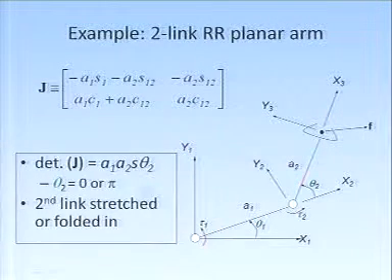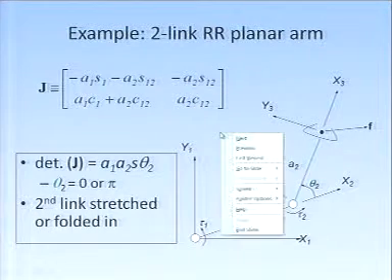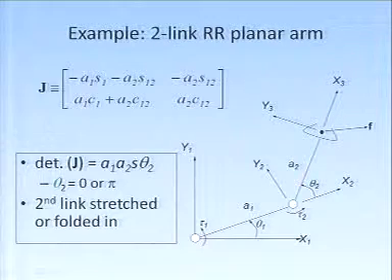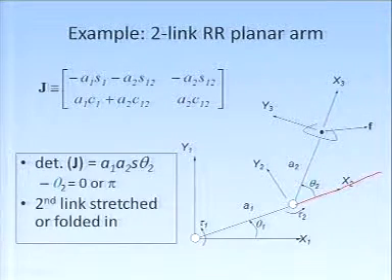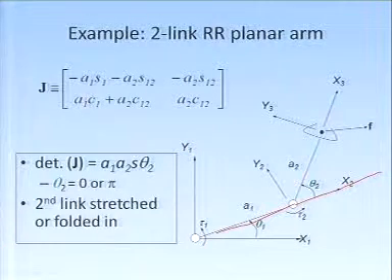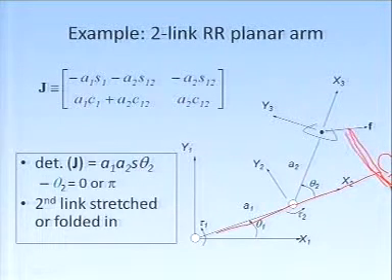If theta 2 equals 0 or pi, that means when the arm is stretched, 0 being the stretched condition and pi being the folded condition, the second link is stretched or folded in. That means at these positions it cannot go there; it has velocity only tangential to this link.